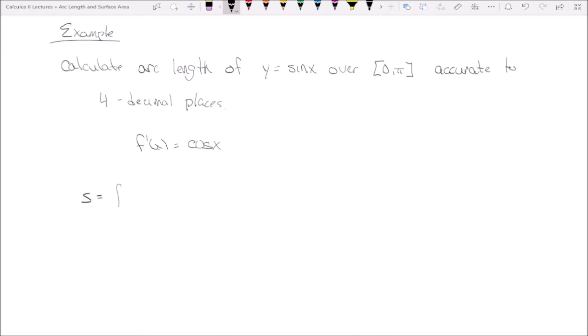So the arc length would be the integral from 0 to pi, square root of 1 plus cosine squared dx. Well, notice that this is not going to have an analytic solution. So we're going to have to use a numerical approximation. And whenever we need to use a numerical approximation, unless specified otherwise, we will use Simpson's rule.